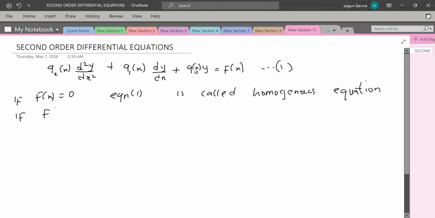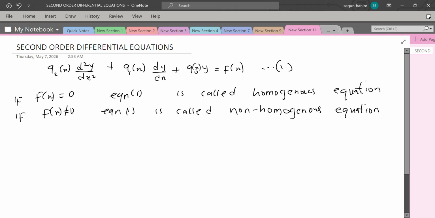If f(x) is not equal to 0, equation 1 is called a non-homogeneous equation. So we'll be looking at the homogeneous equation in this lecture.